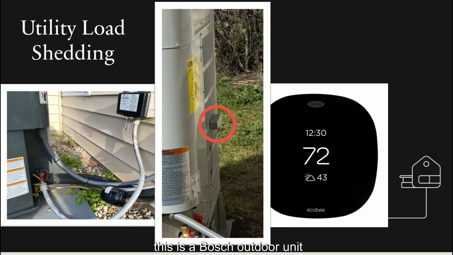This is a Bosch outdoor unit, and the Bosch outdoor unit has this little gizmo that hangs on the side. That little thing right there is a cellular antenna. So now this thing has cell capability, and it's able to send data points directly from the unit over to the manufacturer. Bosch isn't the only one doing this.